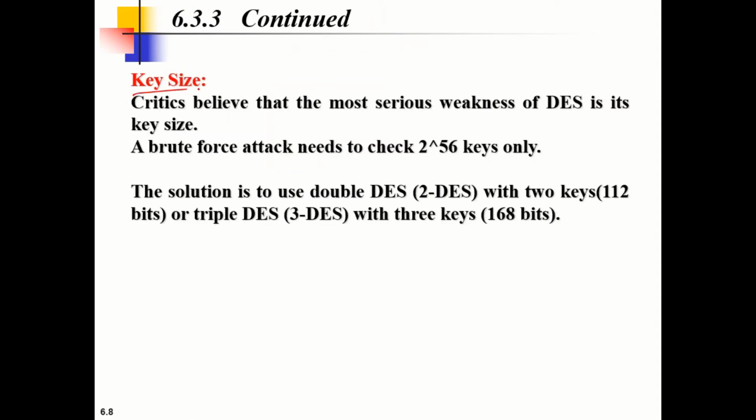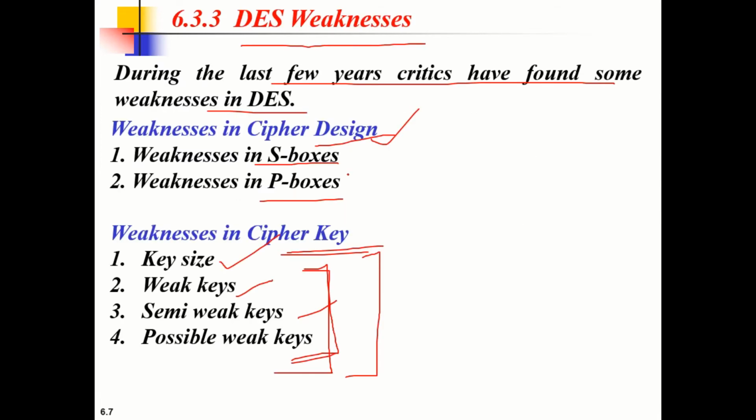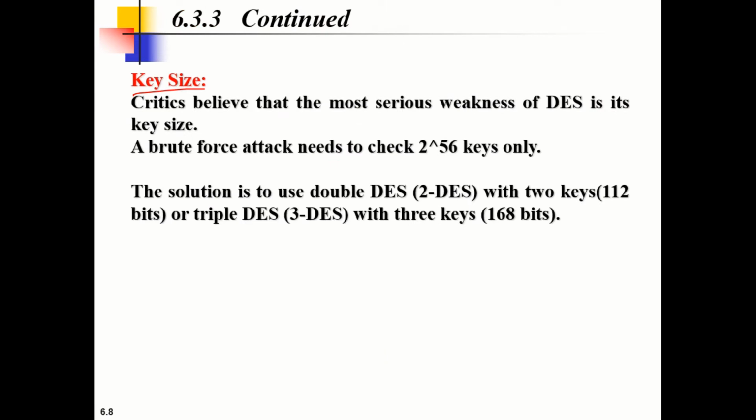So the initial point in this is key size. First we will be discussing key size, because when we started discussing DES, I told you about the Lucifer algorithm which used a 128-bit key. At that time as well, I told you that since DES was using a 56-bit key, it was criticized, right?